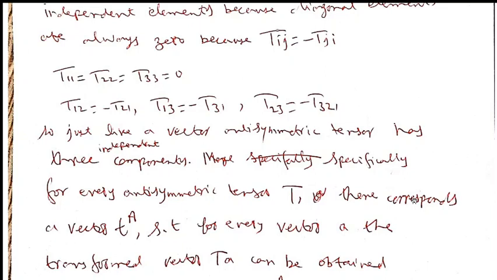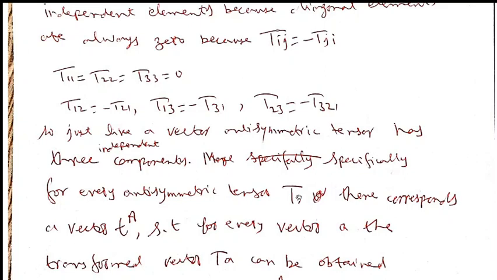How will we define this dual vector for an anti-symmetric tensor? See, suppose we have an anti-symmetric tensor T. We will always have a vector TA. This is the notation for the dual vector.